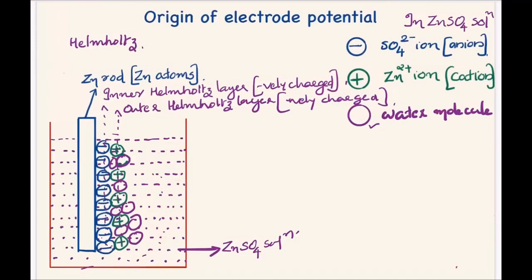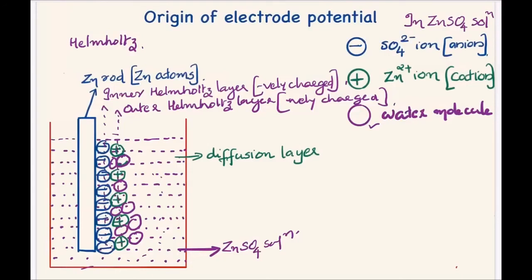So we call this area the diffusion layer, which contains zinc ions and sulfate ions with lower concentration.